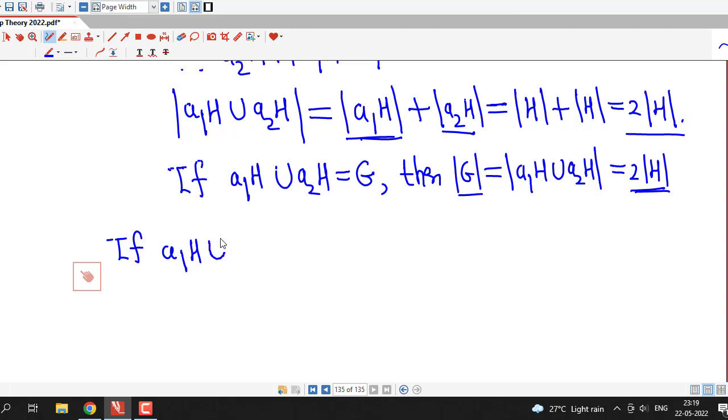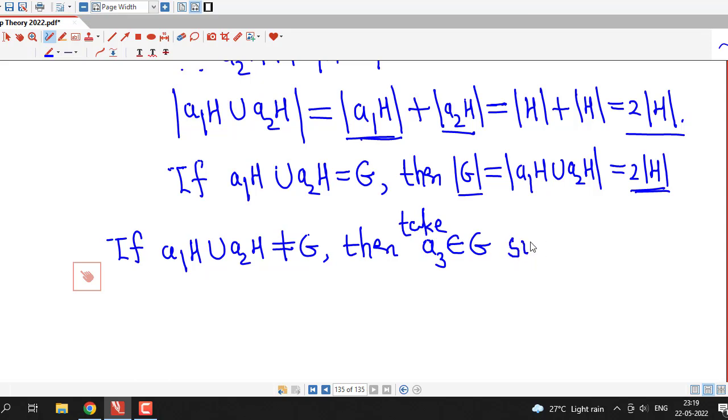Suppose A1H union A2H is different from G, then we take an element A3 in G such that A3 is not present in the union A1H union A2H.